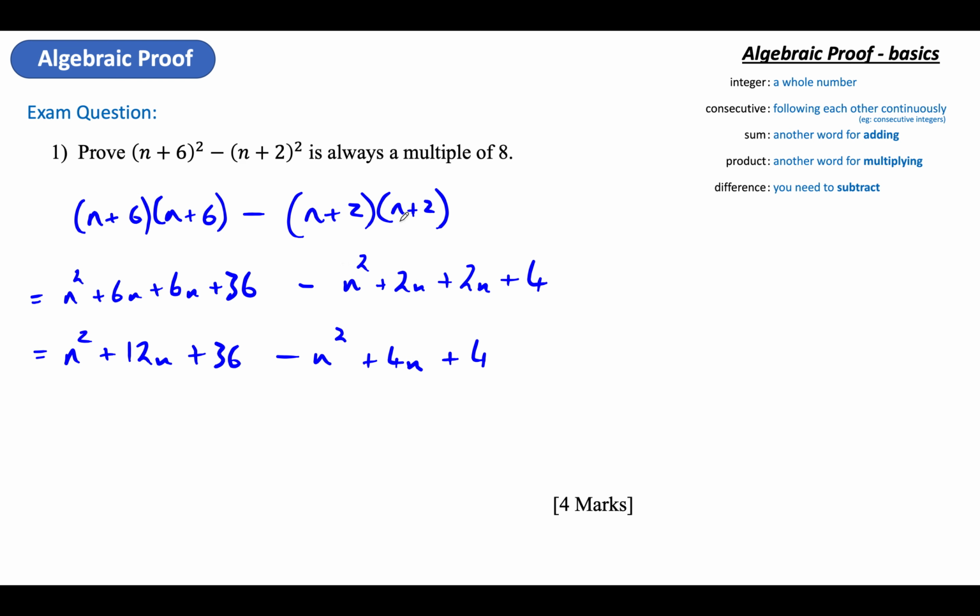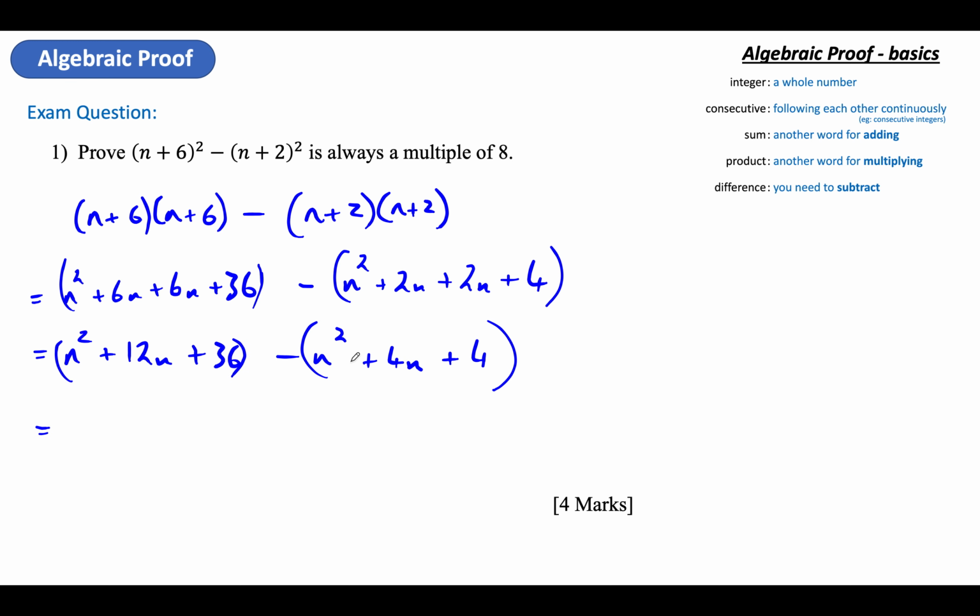Because this was subtract whatever the answer to this is, this all needs to be in a bracket. Because we're not just taking away the n squared, we're taking away whatever the answer to this is. I haven't bothered putting the first bit in brackets. I could equally put it in brackets, but I don't really need to. But just for neatness, I will.